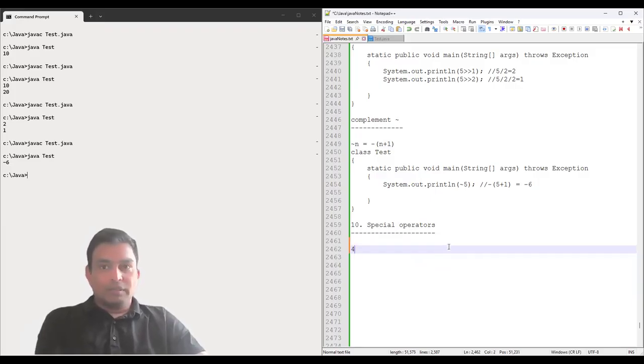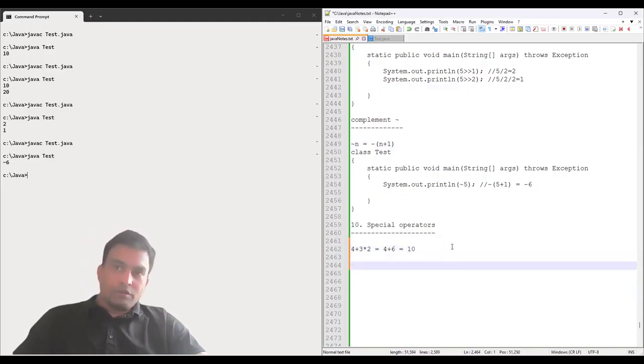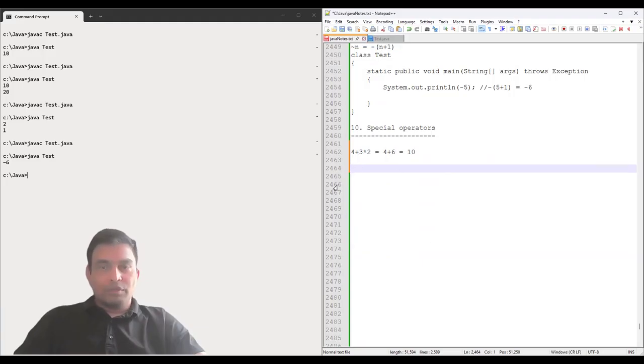If we have, let's say, 4 plus 3 into 2, the answer will be 4 plus 3 into 2 is 6, and then 10. So we have to follow some precedence before we calculate the answer.